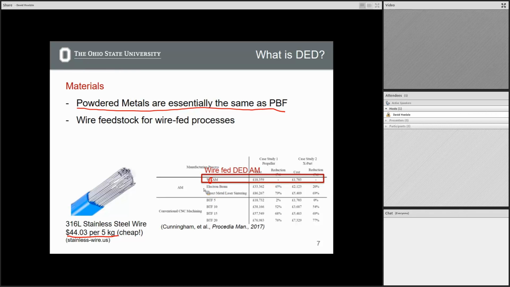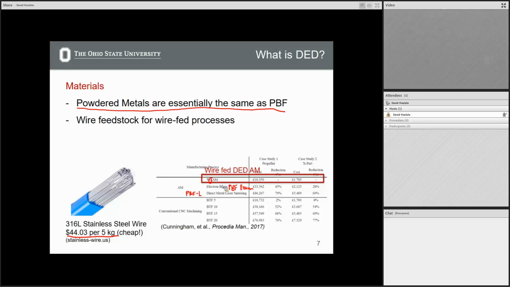This would be powder bed fusion E-beam. Let's play comparison. This would be PBF laser for direct metal laser sintering, and they're doing price comparisons between these showing around a 45% or 79% reduction in cost by doing some sort of wire-fed system.